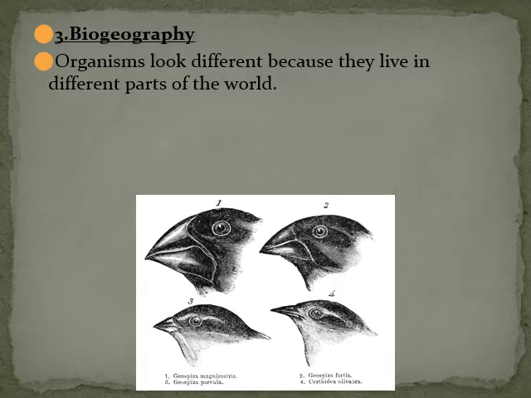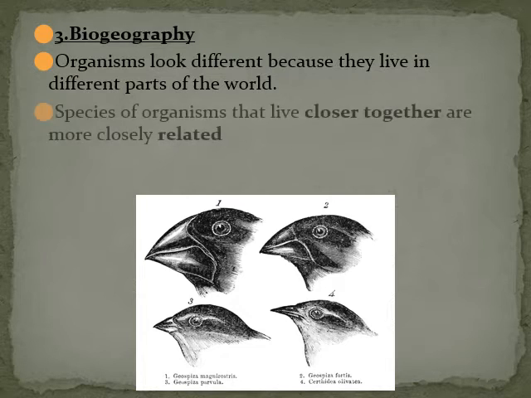Biogeography leads us to the conclusion that organisms look different because of the environmental circumstances they find themselves in. So they look the way they do because of where we find them. And species that are generally closer together in distance often look and are more closely related.